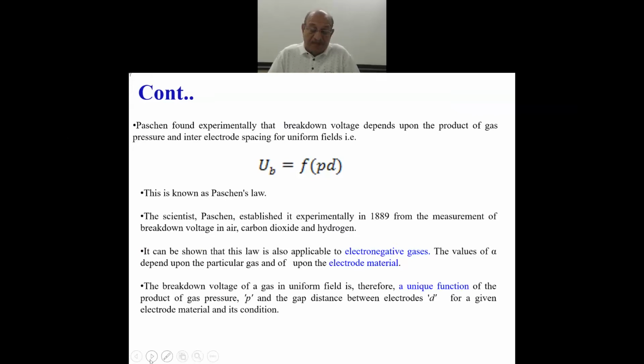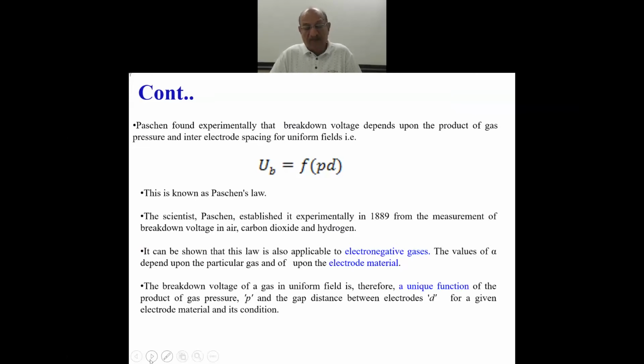in this breakdown process, the gamma process is also taking place, because the experimental work and this validity was done only for very small gap distances where the gamma process plays a role. As you increase the gap distance, the gamma process diminishes.